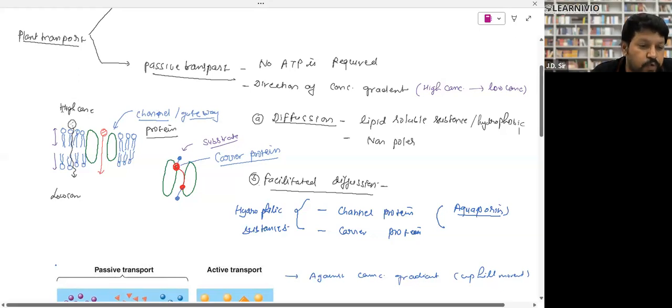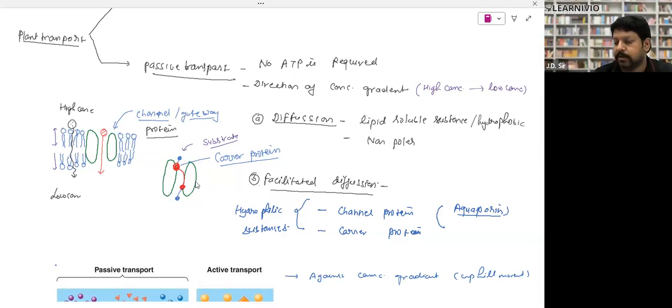Now what you need to do, you need to draw these two diagrams, my handmade diagrams. Please make these two diagrams right now in facilitated diffusion, the carrier protein and channel protein, quickly. Martin, are you getting everything? Yes, sir.